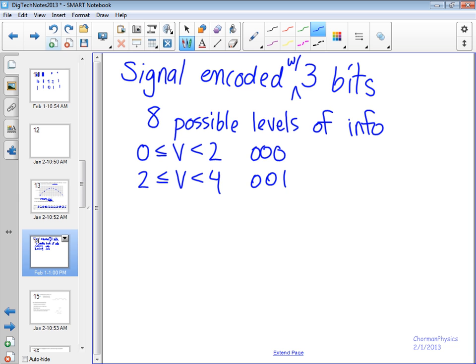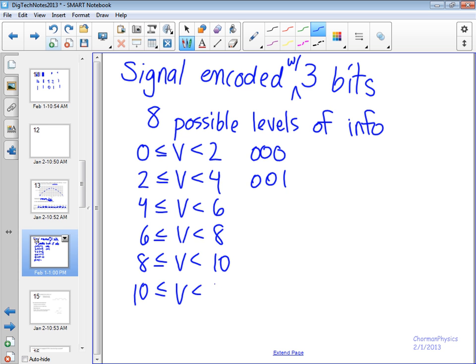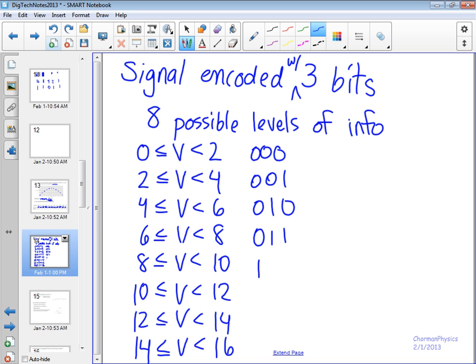And we're going to keep doing this up until 16 volts, which is the range of our signals here. 6, 8, 10. And so all of these would be 0, 1, 0, 0, 1, 1, 1, 0, 0, 1, 0, 1, 1, 1, 0, 1, 1, 1.